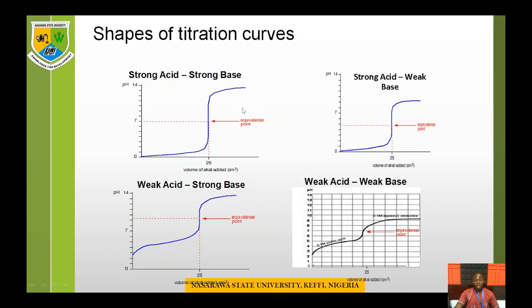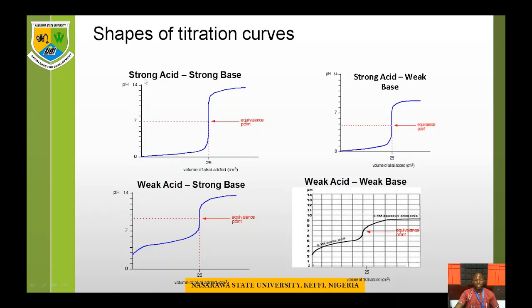Because we have already looked at the different types of acid and base, strong acid and strong base, we're also going to be looking at their titration curve. A titration curve is simply a graphical illustration of the reaction between the acid and the base. Because they display different patterns, it is important for us to look at those patterns, as shown in the graphs here.